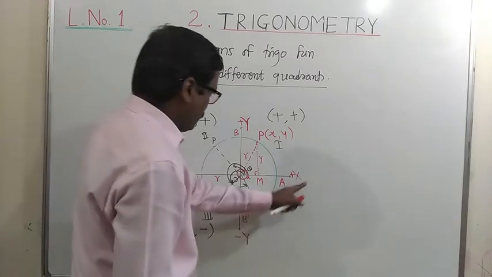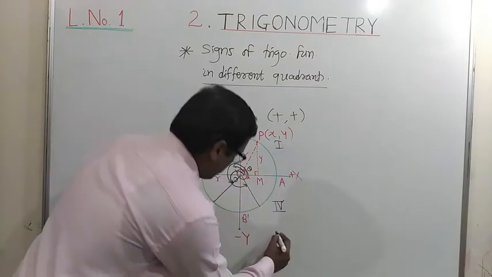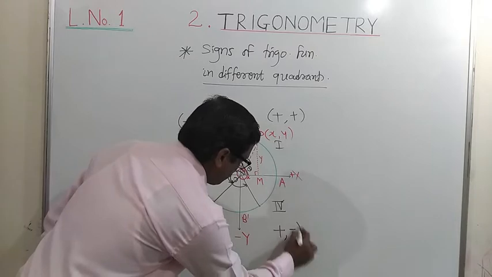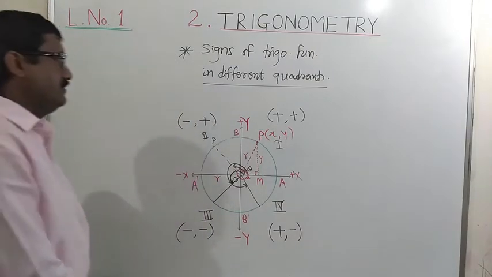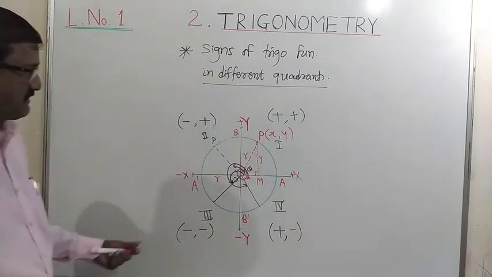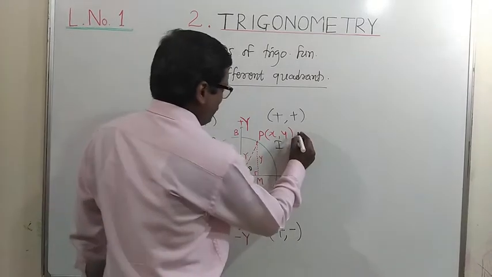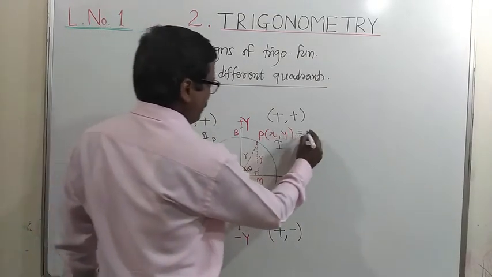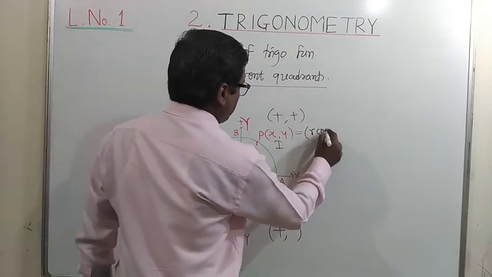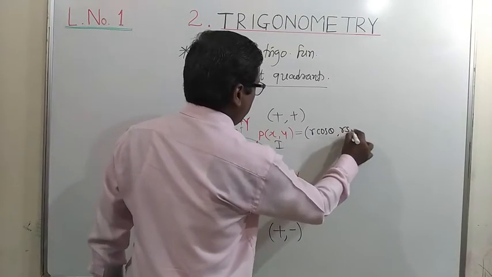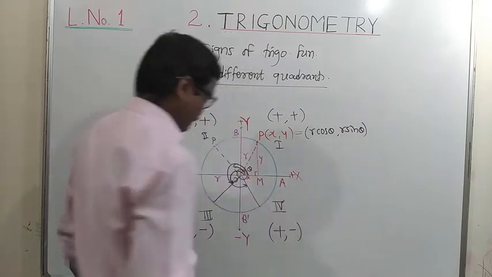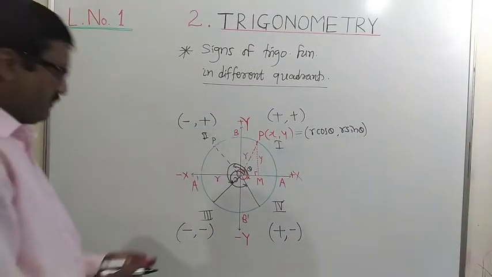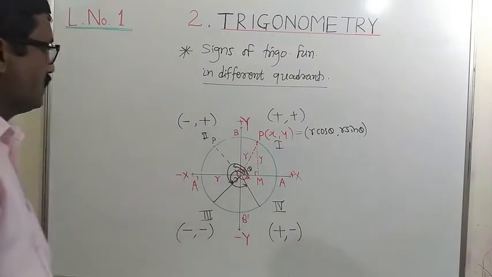And in the fourth quadrant, x is positive, y is negative. In our earlier discussions, we have proved that the coordinates of any point P(x, y) are r cos theta and r sin theta.